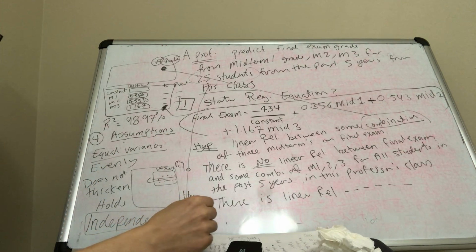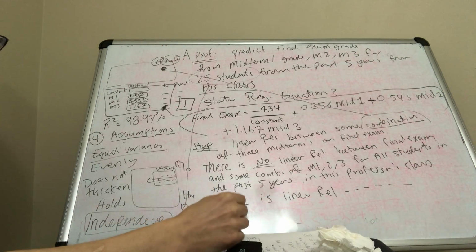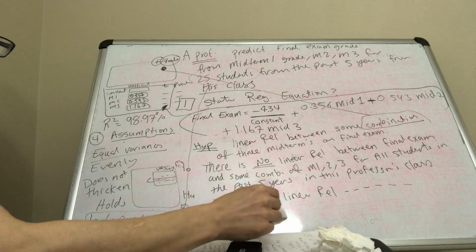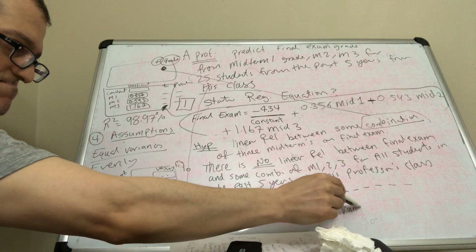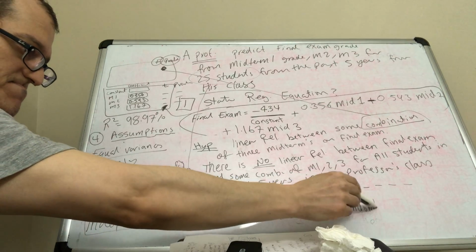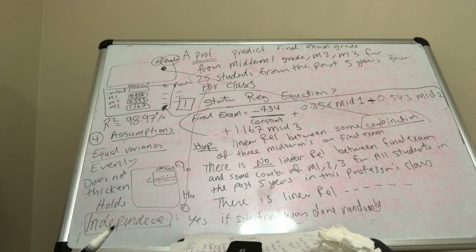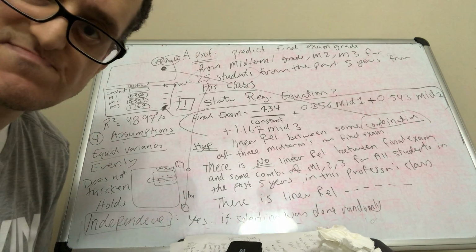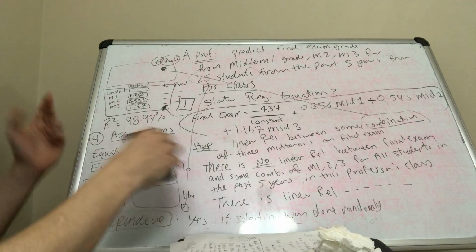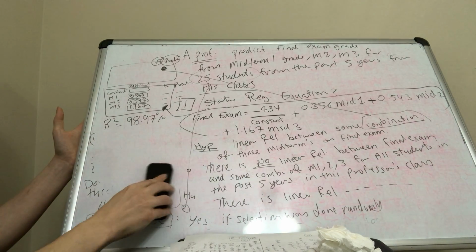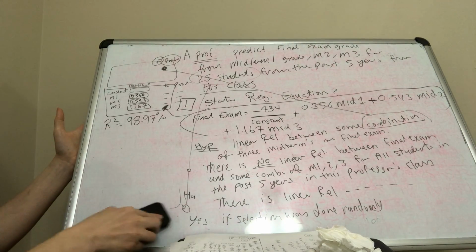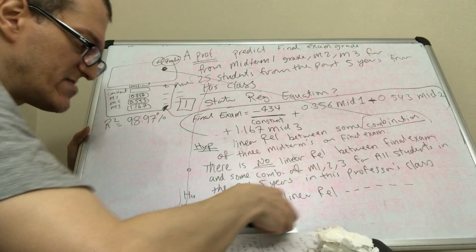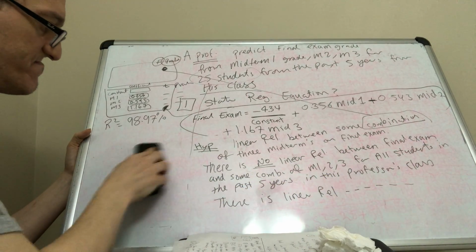So yes, selection was done randomly. So if the selection was done randomly, then of course you say yes, condition is satisfied. So they're all good except for, of course, the normal, because it was not really looking very good from the histogram or the normal probability plot.